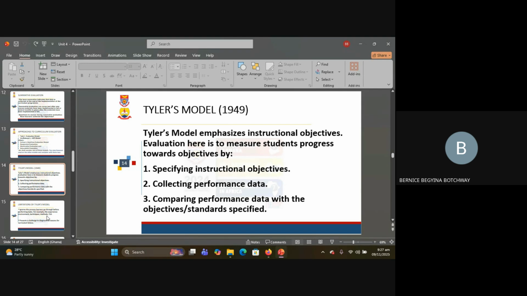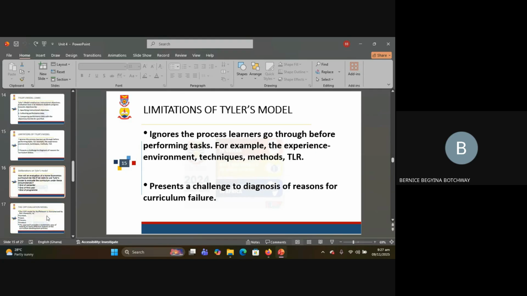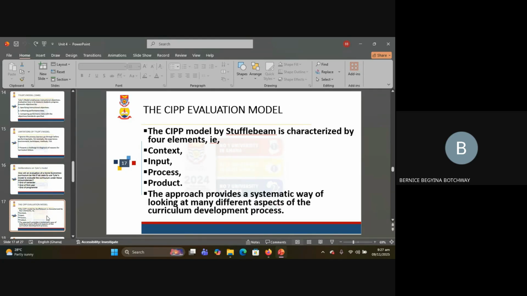We assess based on the objectives that were set, and then we give that information to the developers, the experts, to influence their decision. And when it comes to CIPP, we all do the evaluation too.